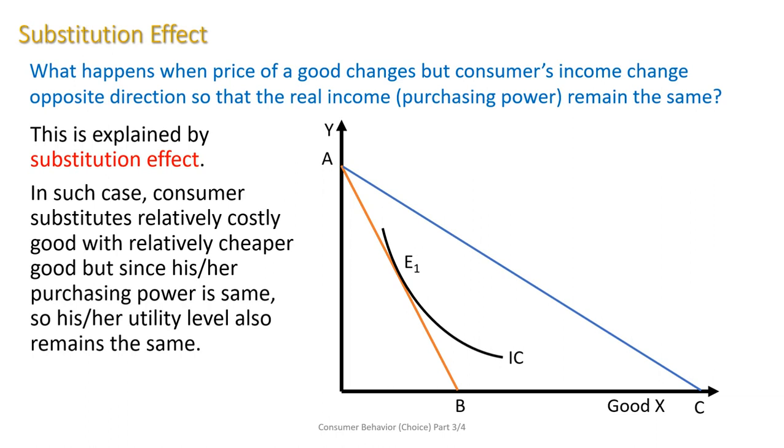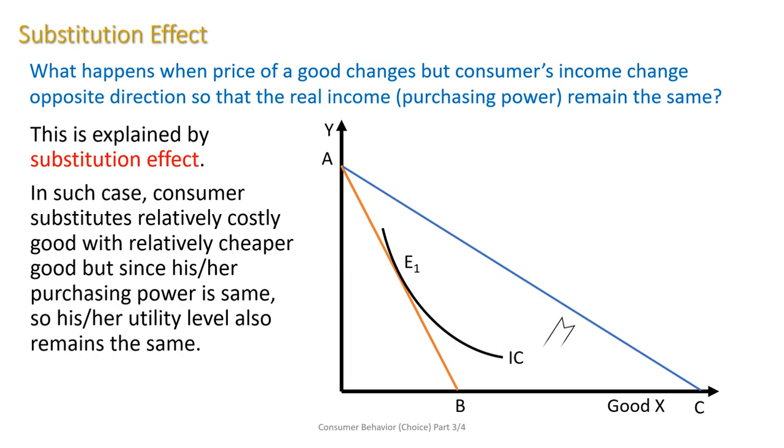However, the income of the consumer, the take-home income, also decreased so that the purchasing power remained the same. This decrease in the income resulted in backward shifting of the budget line.